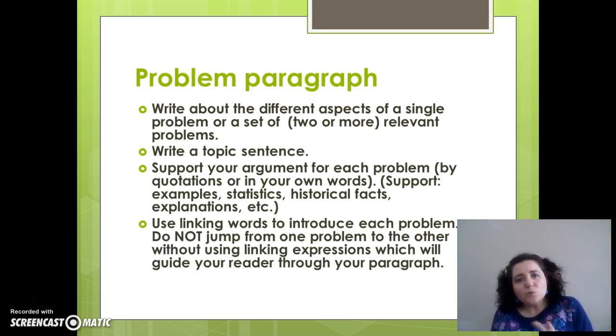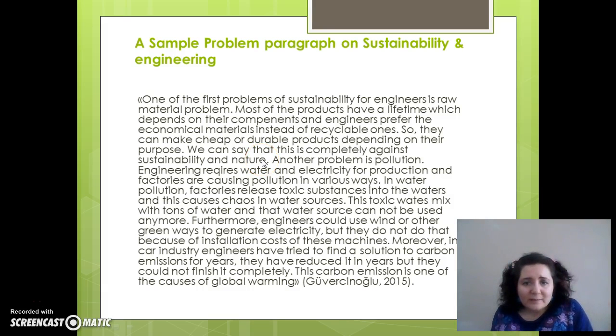Now, you need to link these supports to the main problem, to your problem. So, you come up with a problem and you have supports. For each support, you need to link it to the problem. For example, let's take a look at this example. One of the first problems of sustainability for engineers is raw material problem.